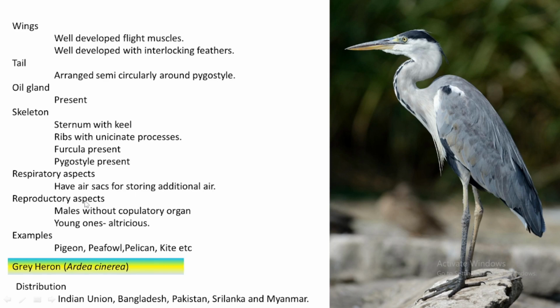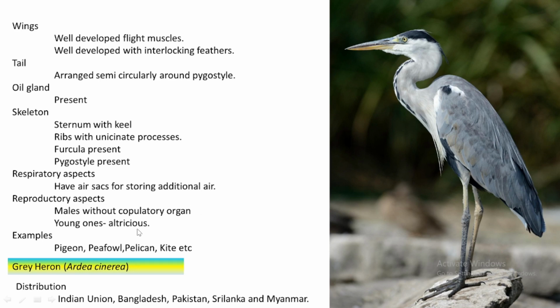Then reproductive aspects: males are without a copulatory organ, and its young ones are altricial. Altricial means what? Altricial is the opposite of precocial. Precocial means young ones are born with small feathers, and within a day itself they can move out of the nest.